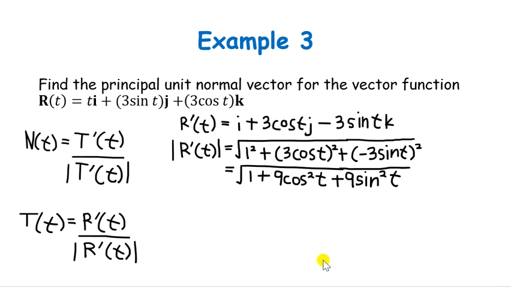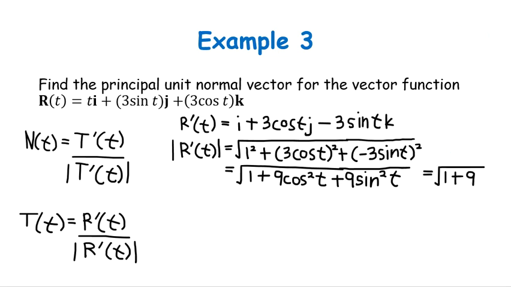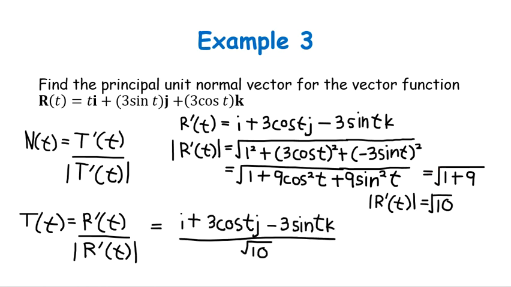Again, using the trigonometric identity cos squared t plus sin squared t equals 1, we can plug this in, and it simplifies into the square root of 1 plus 9. That can be solved as the square root of 10, which is the magnitude of the derivative of our vector function.